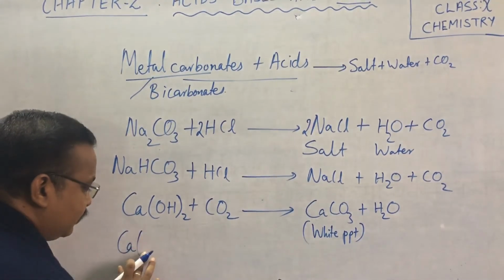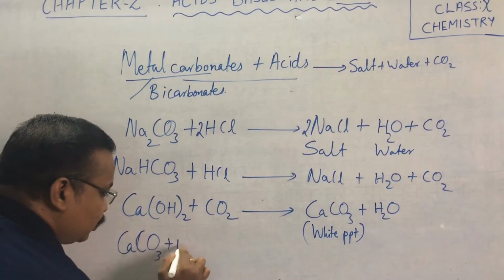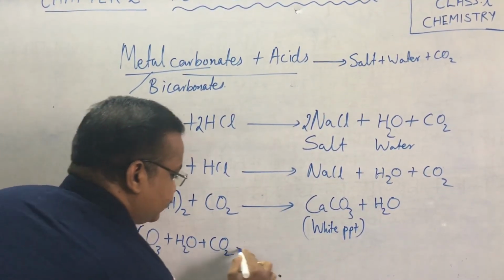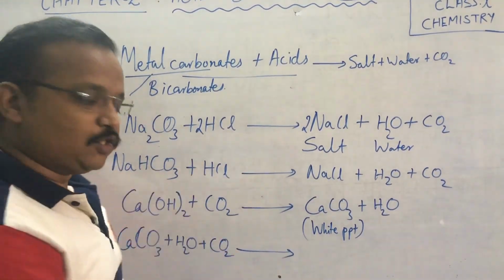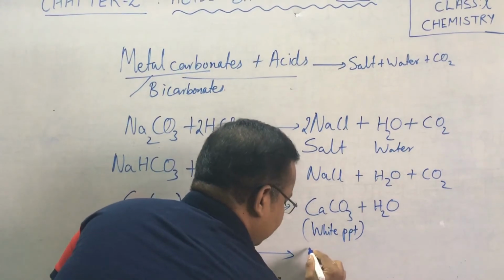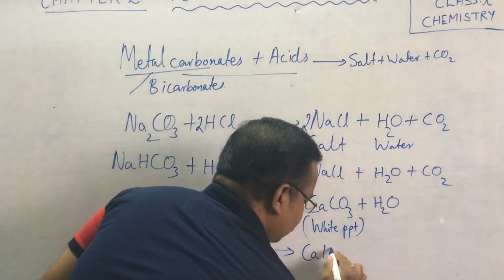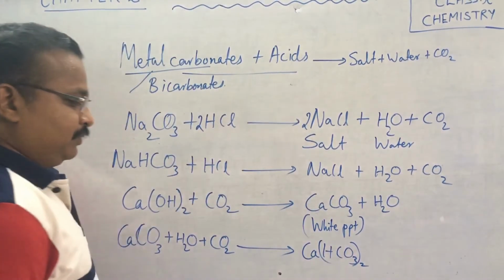calcium carbonate CaCO3 plus H2O. If you pass further carbon dioxide into it, what happens is this white precipitate will get dissolved by formation of calcium bicarbonate, Ca(HCO3)2.